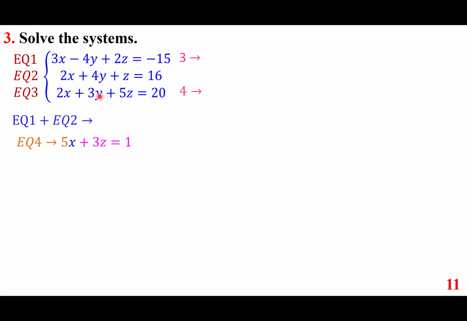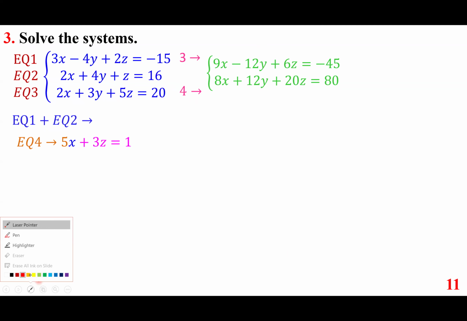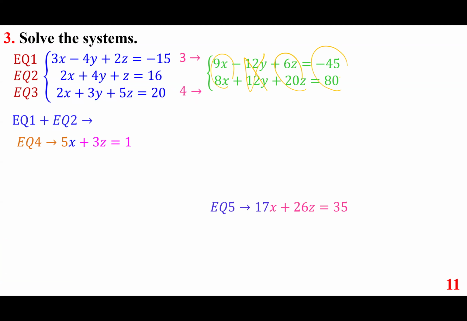This gives me 8x, 12y, 20z, 80. And now, I'm looking at equation 1 times 3, equation 3 times 4, and these two cancel each other. 17x, 26z, 35.